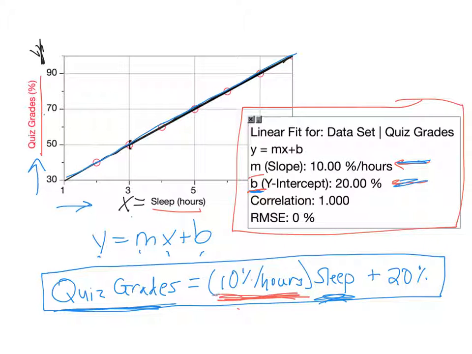For every 1 hour of sleep, there is 10%. Okay? What the y-intercept tells us is how much percent you get when the sleep, or the x variable, is 0.